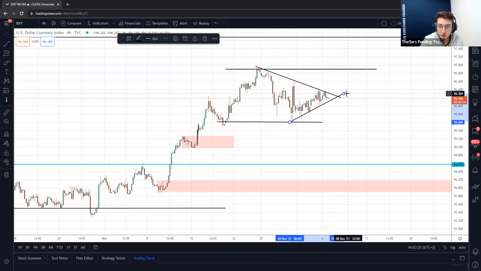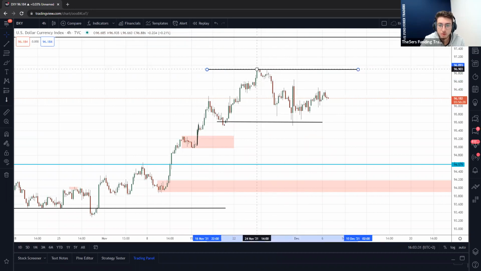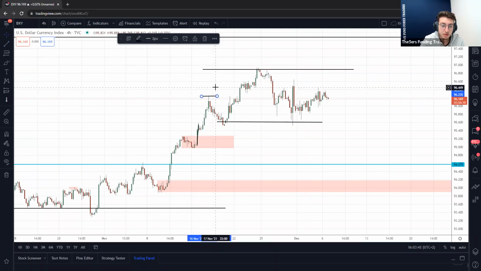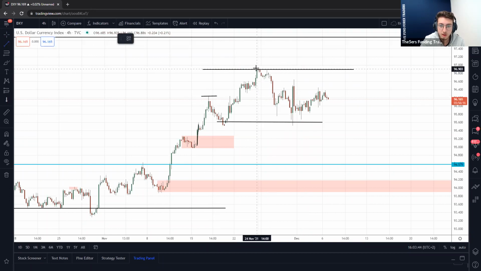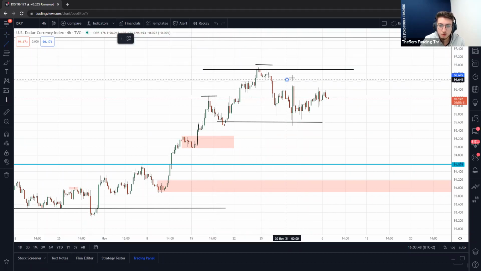If I look at the H4, I will just remove this. So these are the extreme zones. For example, you have this that is very, very important. You have these shoulders, you have the head here, then you have the second shoulder, so it's kind of a Quasimodo pattern here.